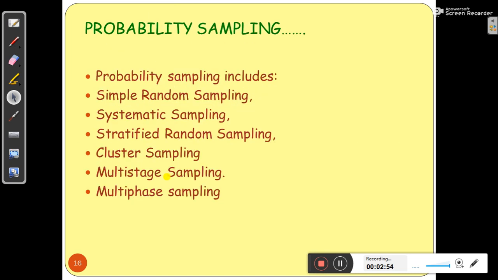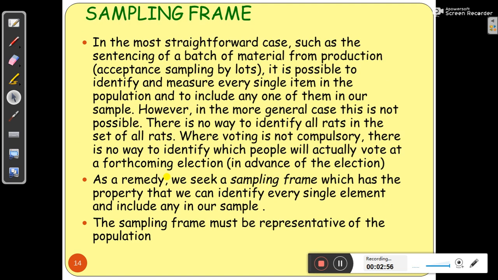So what is a sampling frame? In the most straightforward case, such as the sentencing of a batch of material from production, it is possible to identify and measure every single item in the population and include any one of them in our sample.